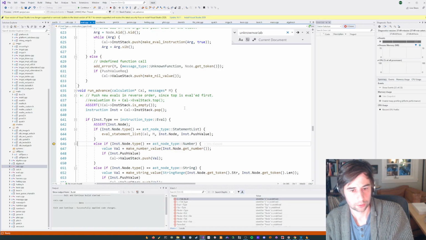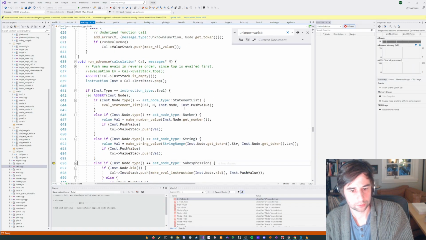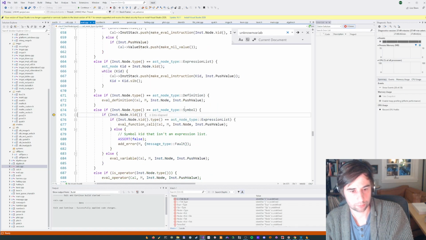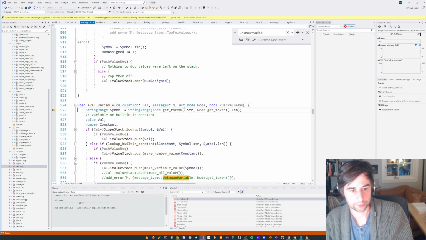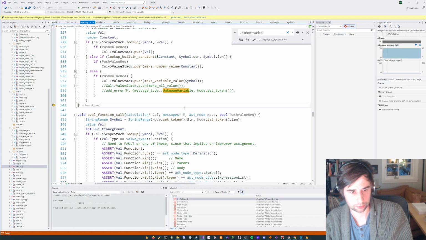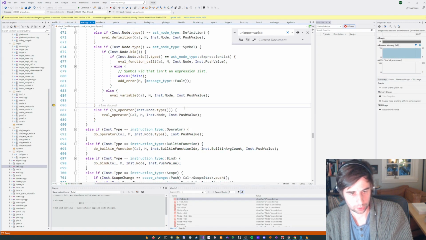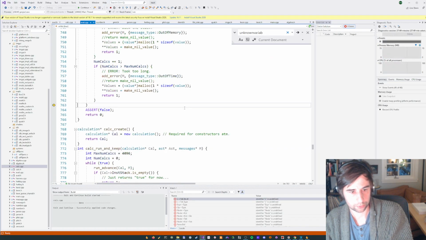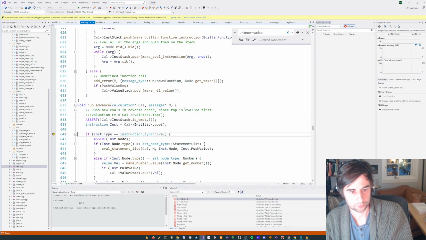The first one's gonna be a symbol, and it's gonna eval the symbol and push the variable in. Then it's gonna eval the number, push the value.